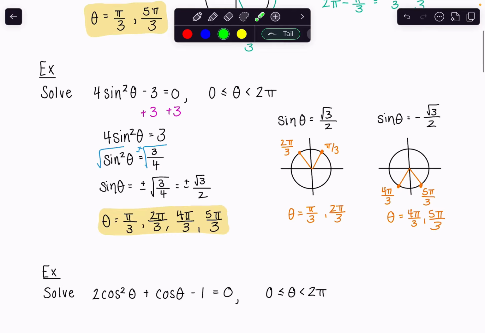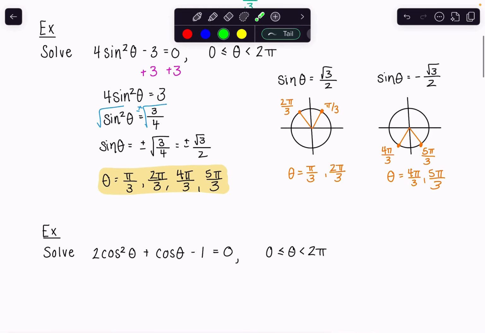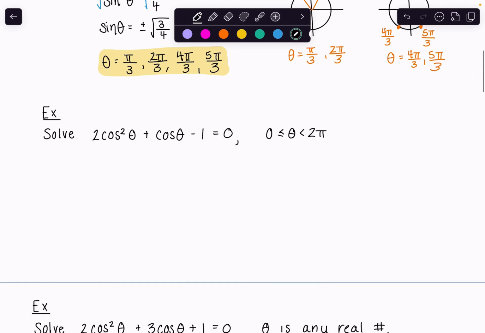All right, this next one gets a little bit more complicated. So I have 2 cosine squared plus cosine minus 1 equals 0. So here I don't have a way to solve just for the trig function because I have both cosine squared and cosine. So this is where we're going to use a method that's called u substitution.